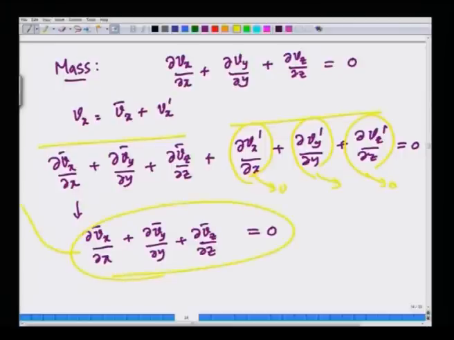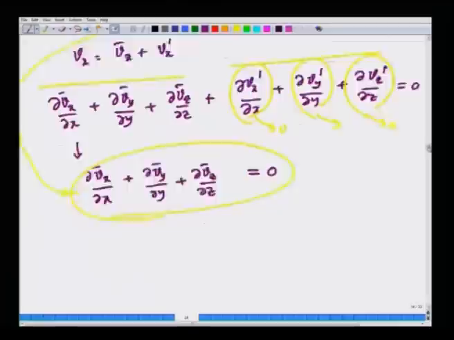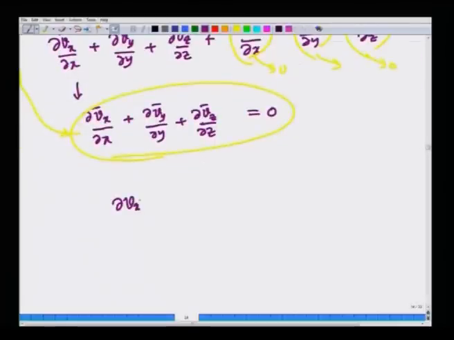this from here. Then, after using V x is V x bar plus V x prime, I will get that the fluctuating quantities obey this equation, which is also the same as the continuity equation, the mass conservation equation.